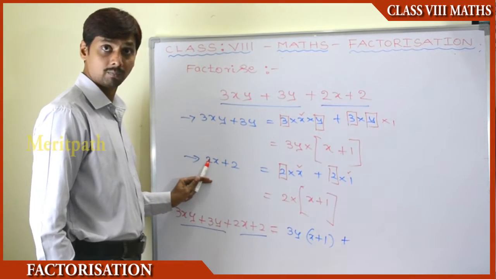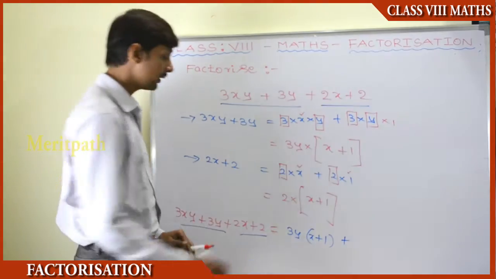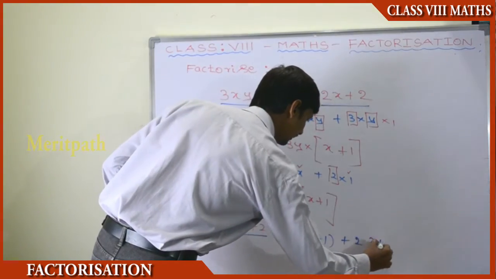For 2x plus 2, the factors are 2 into x plus 1. So 2 into x plus 1 is right.